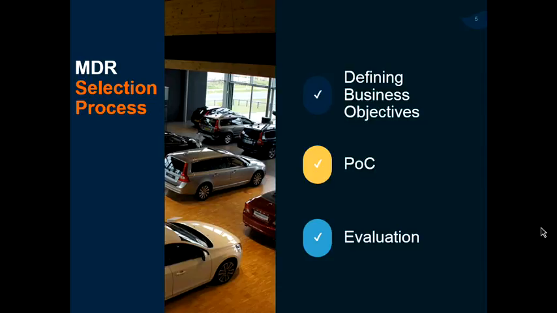We have to know what we want from MDR by defining objectives of MDR solutions, test driving just like a proof of concept, evaluating our choices, and making a final decision.